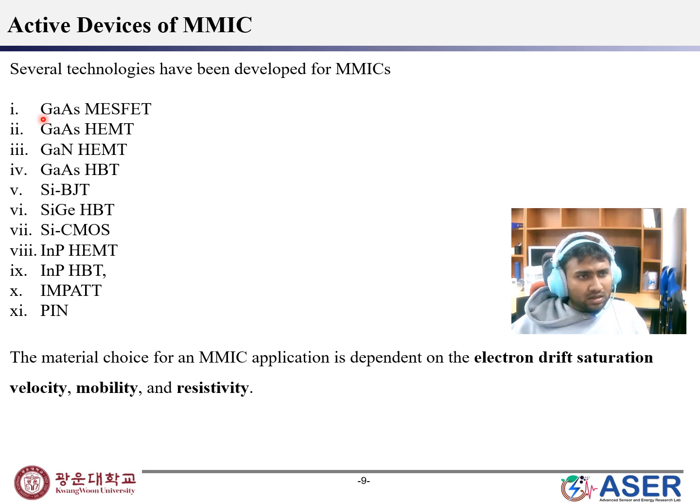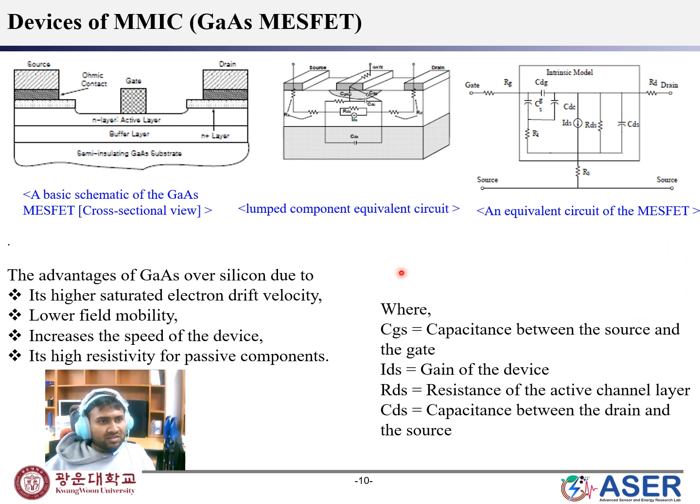Mainly the application of the active device of MMIC material is dependent on the electron drift saturation velocity, mobility, and resistivity. Devices of MMIC, mainly gallium arsenide MESFET.